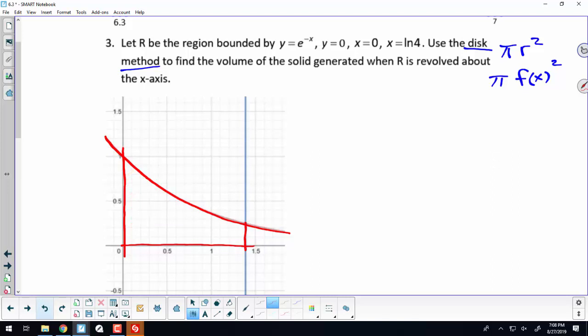And so really, like I said, it depends on how you're going to remember this, but when they say use the disk method, or when they say use this other method that we'll talk about in 6.4, you have to remember the structure. Is it pi r squared? Is it 2 pi r times something else? That's something you just have to remember. And if you forget, then that's where drawing these rectangles and saying, well, I'm rotating about this axis, comes in.